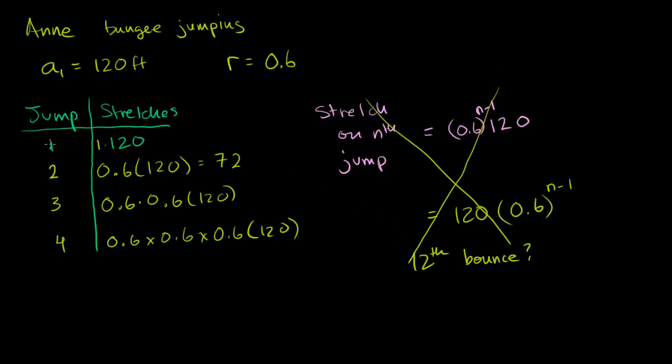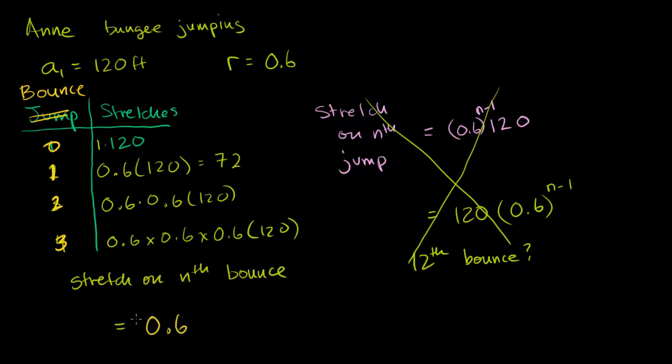So you can view the initial stretch as the 0th bounce. So instead of labeling it jump, let me label it bounce. So the initial stretch is the 0th bounce. Then this would be the first bounce, the second bounce, the third bounce. And then our formula becomes a lot simpler. Because if you said the stretch on the nth bounce, then the formula just becomes 0.6 to the n times 120.